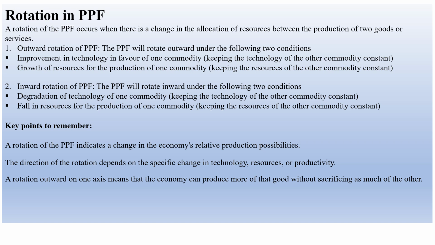The important points: rotation of PPF indicates a change in the economy's relative production possibilities. The direction of the rotation depends on the specific changes in technology, resources or productivity. An outward rotation on the x-axis means the economy can produce more of that good without sacrificing as much of the other.